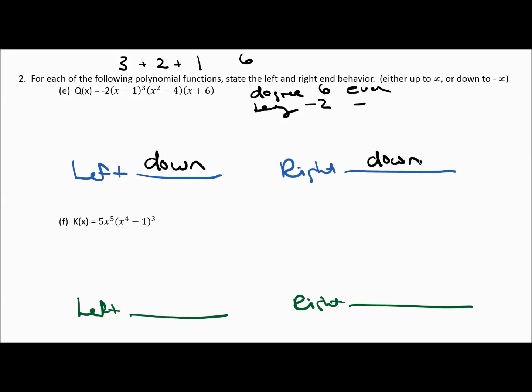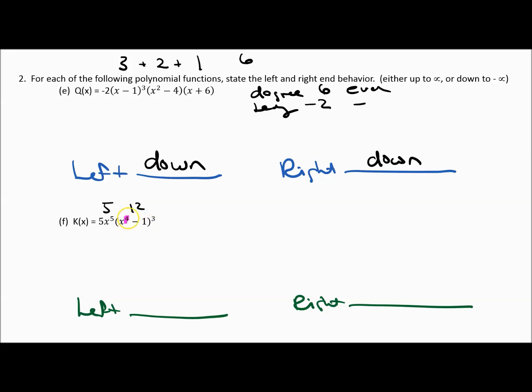Okay, so for the last problem, 2f, once again we have a polynomial called k of x that is not in expanded form. It is in factored form. So the degree is not the highest exponent. It is not 5. You have to consider there's 5 here, and then here you have x to the fourth, to the third. So there's 12 there.